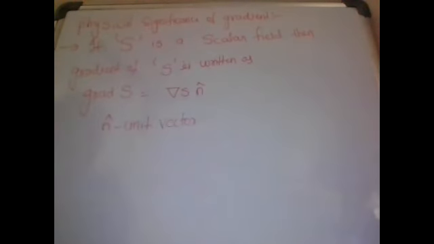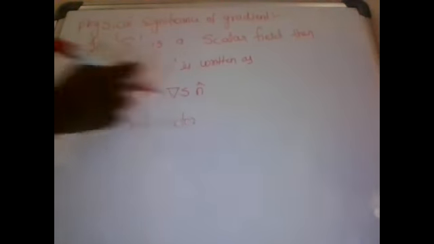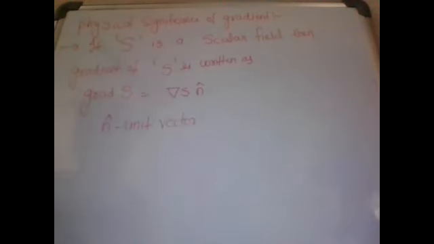Physical significance of gradient, in that first point: if S is a scalar field, then gradient of S is written as del S into n cap. N cap is the unit vector. So this is the first point.